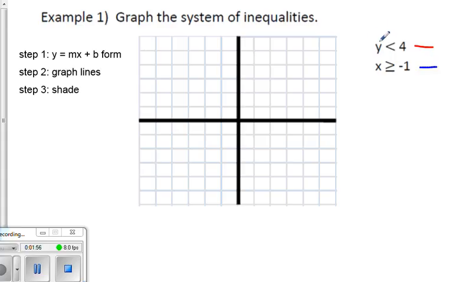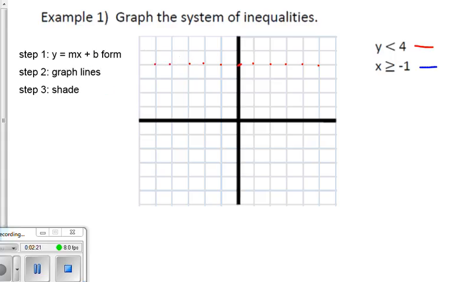This inequality, y is less than 4, is going to look like the equation y equals 4. So I'll go up 1, 2, 3, 4, put a point right here. It's a horizontal line at 4, and all of these points would make that line.